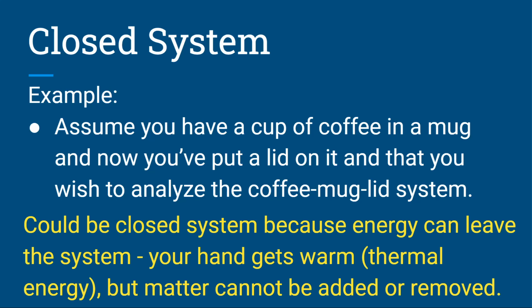We could have heat. It could be a closed system because energy could leave the system. Your hand could get warm, thermal energy, but you can't add or remove matter if the lid is on the cup, unless you took the lid off. Okay, but in that closed system example.